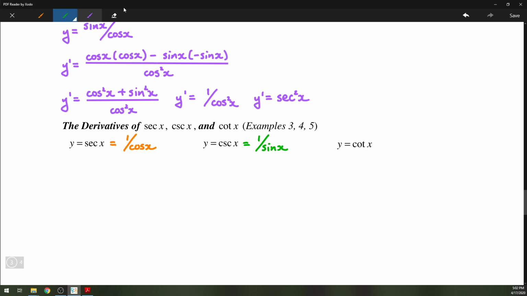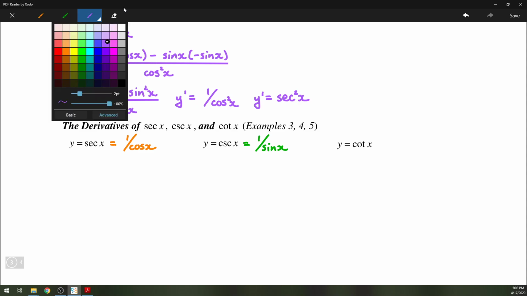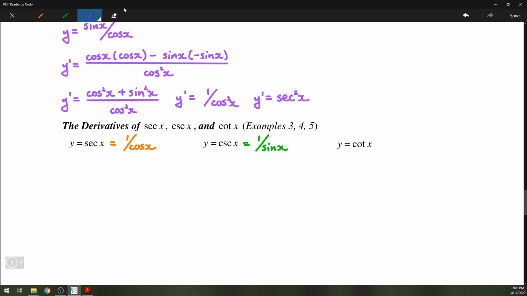And in the last one, you can do this in two different ways. You can think about cotangent x as 1 over tangent x, or you can think about it as its own quotient. Let's go with cosine x over sine x here. Use the quotient identity, just to be a little bit different.